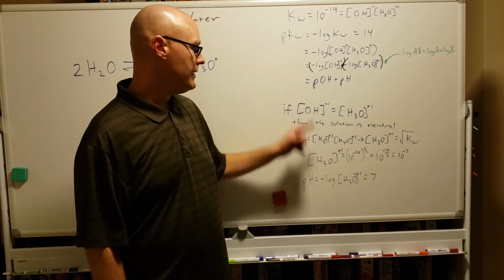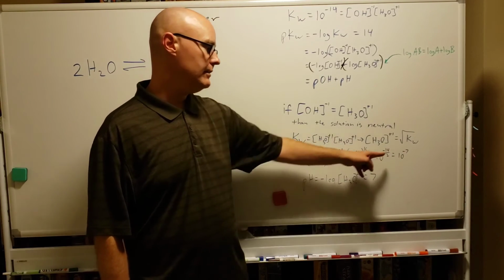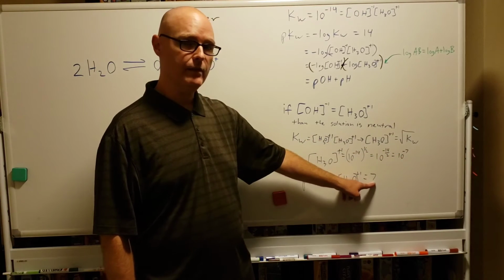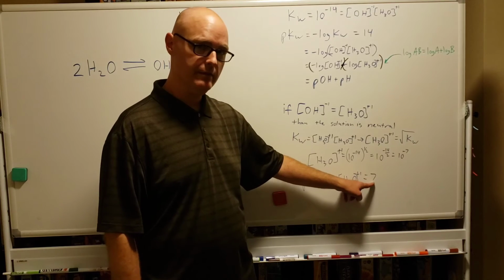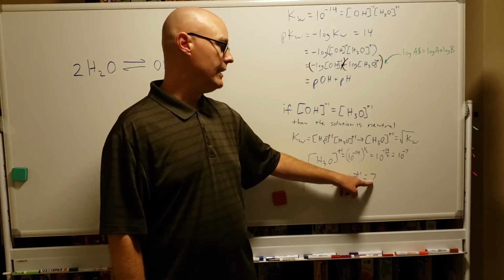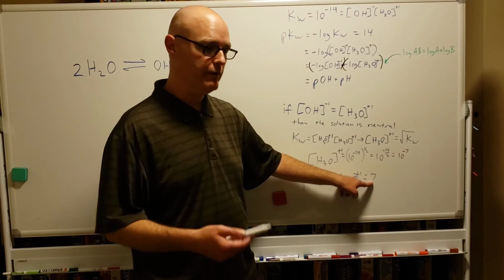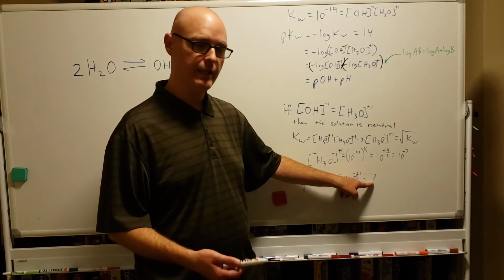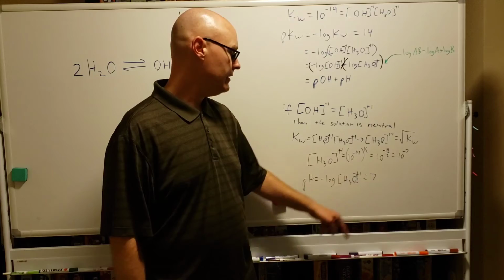To find the pH, I take the negative log of the concentration. That will give me 7. So a pH of 7 at about 25 degrees Celsius at standard pressure gives me a neutral solution.